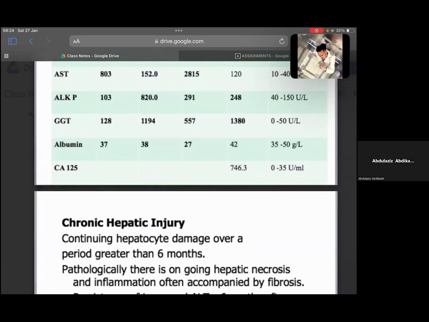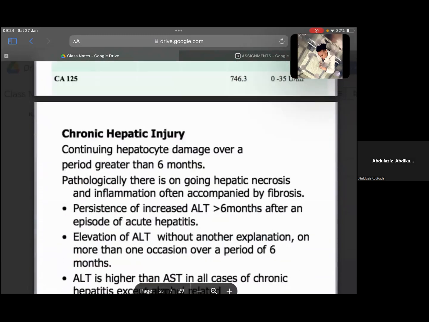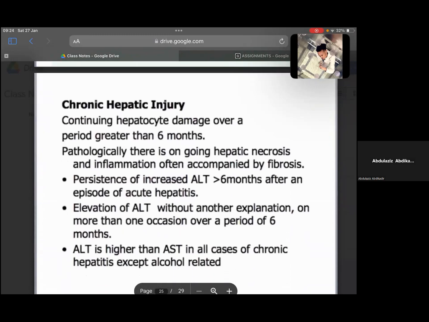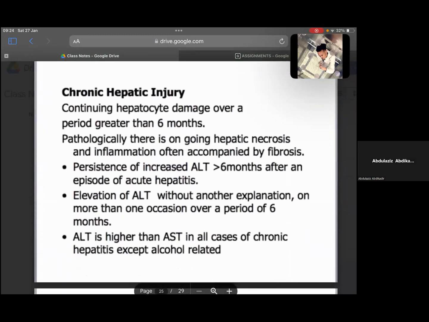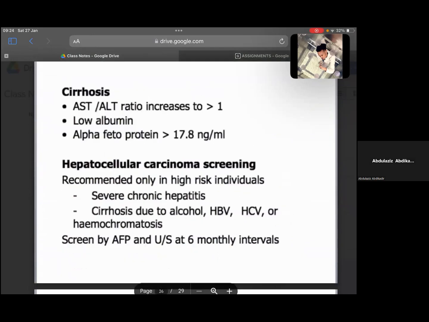For the chronic hepatic injury, cirrhosis and hepatocellular carcinoma. Remember, it is more than 6 months. I was telling you about the AST to ALT ratio, AST is normally twice the ALT, or you can say the ratio is greater than 1.